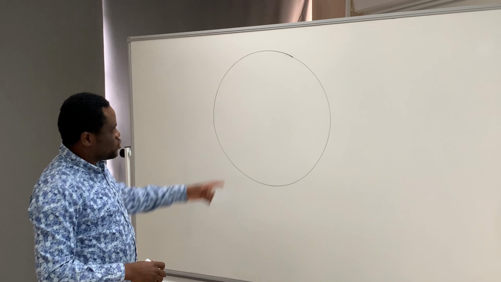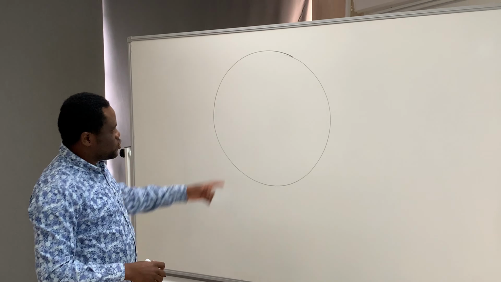And the fraction bar consists of the numerator and the denominator. Numerator and denominator. Upper is numerator and lower is denominator.